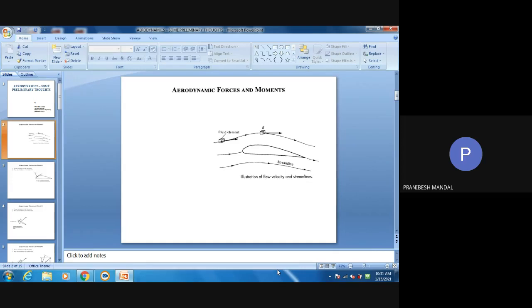Now tell me, airplanes generally move through which layer of air? Stratosphere. You are correct. So in the stratosphere, as per our observation, the air is more or less static, right? The airflow is very less, right?